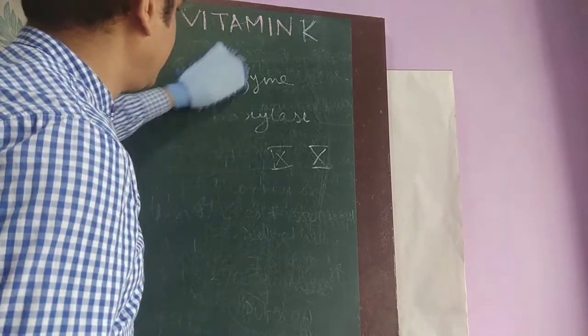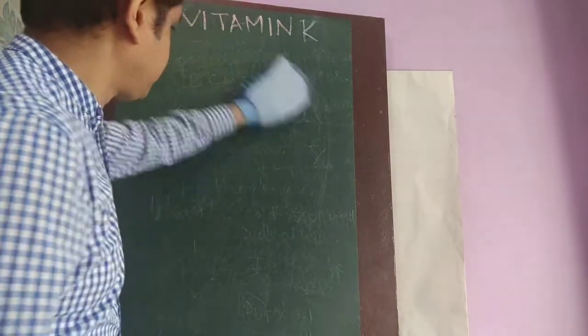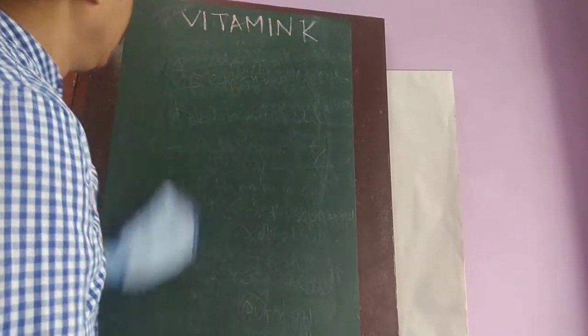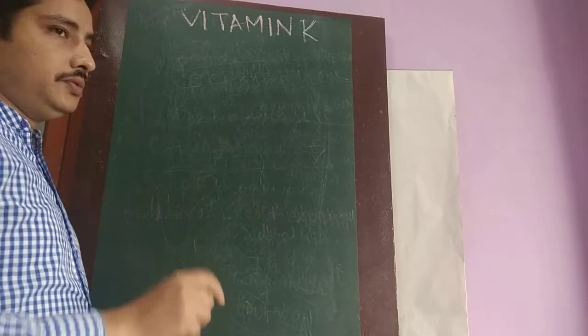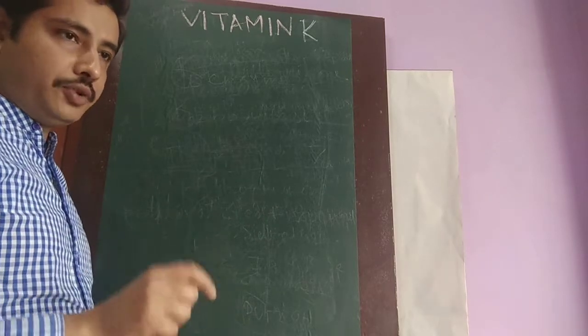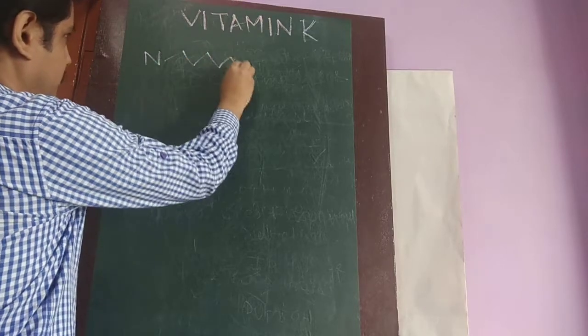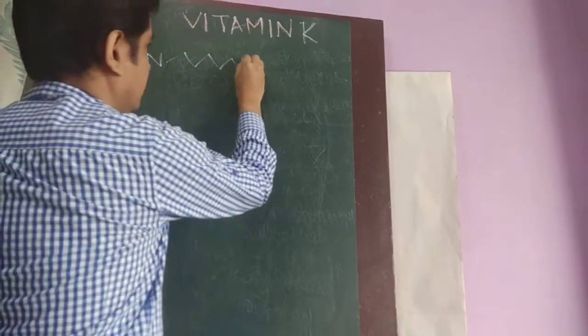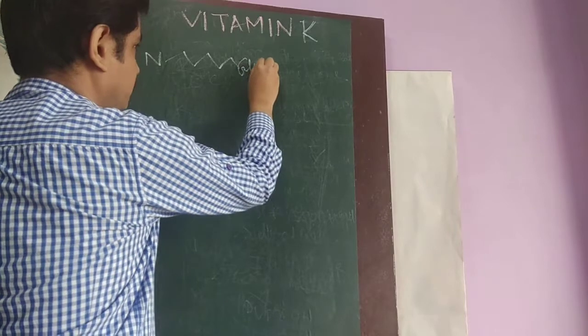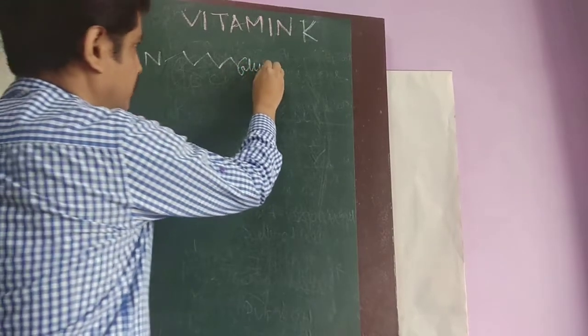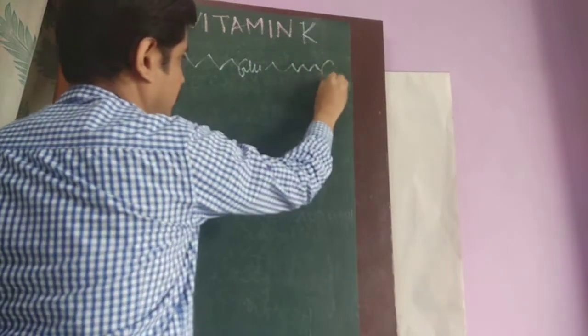Now, how does this reaction take place? So 2, 7, 9, and 10 are protein factors, so they have a protein structure. Suppose this is the N terminal, having one specific glutamate residue in the middle, then this is the C terminal.